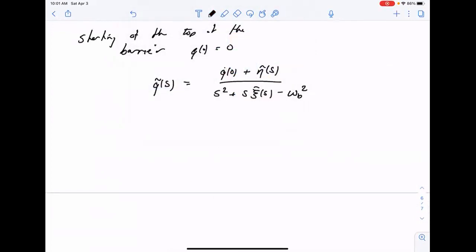So it is sufficient at long times to ask whether or not Q dot at 0 plus eta of s is greater than 0.